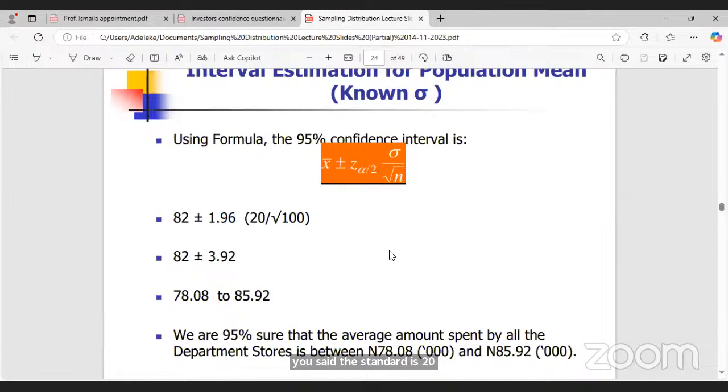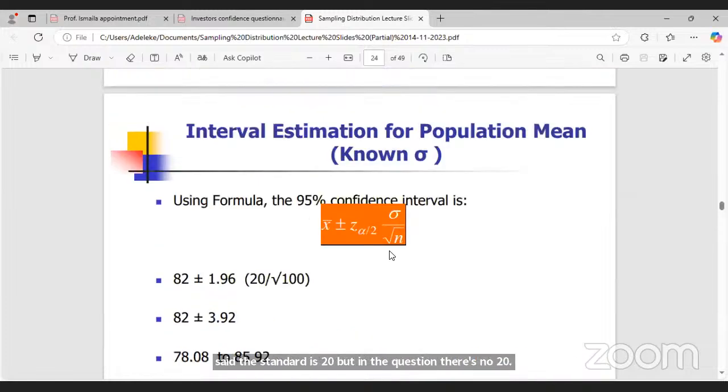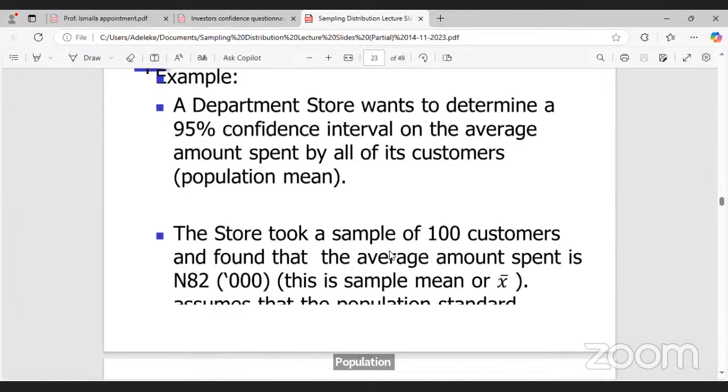The population standard deviation is 20. You can see that there's a cut here in the second bullet. Okay, sir. So there's a cut there.